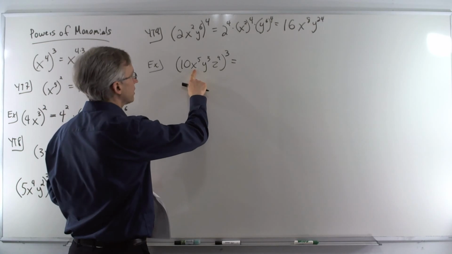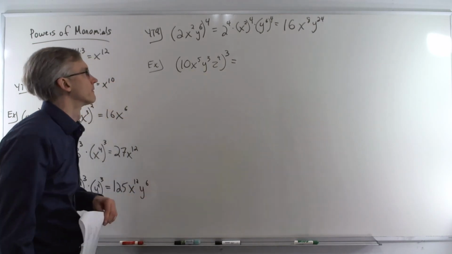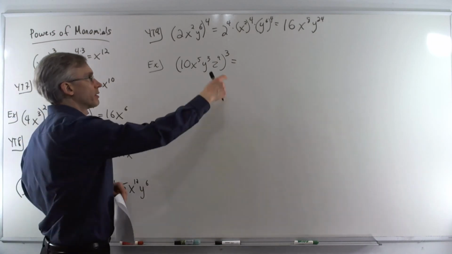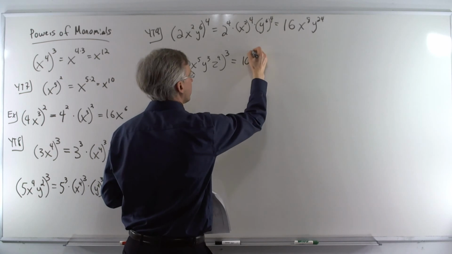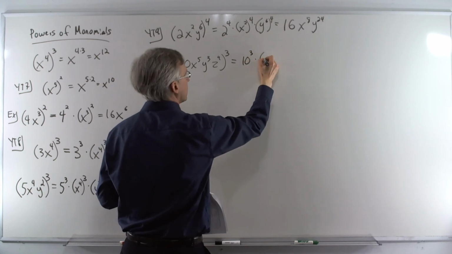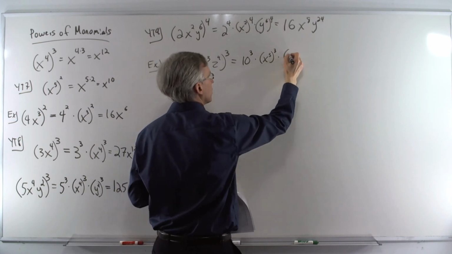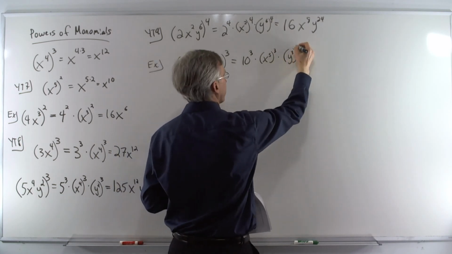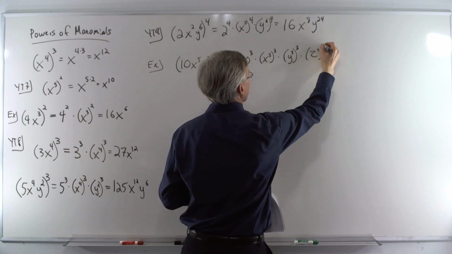We got the x, exponential, the y, and the z. We're going to apply the outer exponent, the 3, to all 4 of these things. So that gives us 10 to the 3rd times x to the 5th to the 3rd times y to the 3rd to the 3rd times z to the 4th to the 3rd.